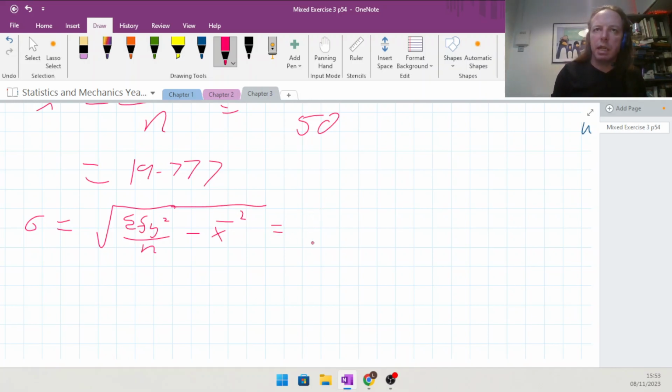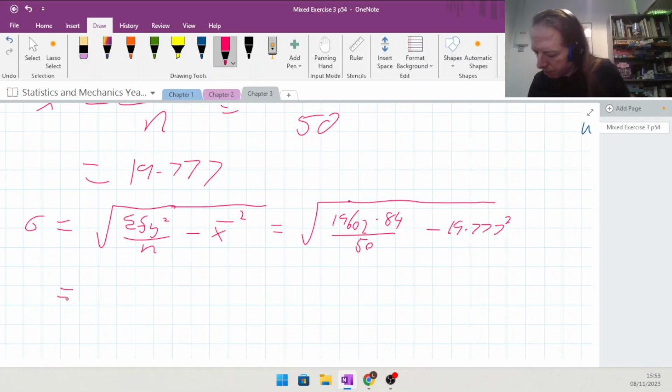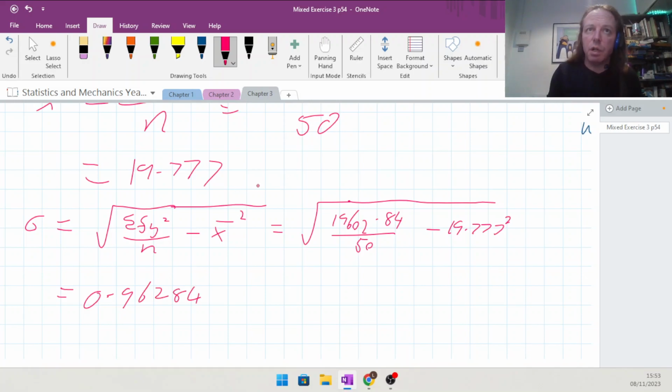So we're going to have the square root of 19602.84 divided by 50, minus 19.777 squared. That gives 0.9628, so 0.96284 kilos.